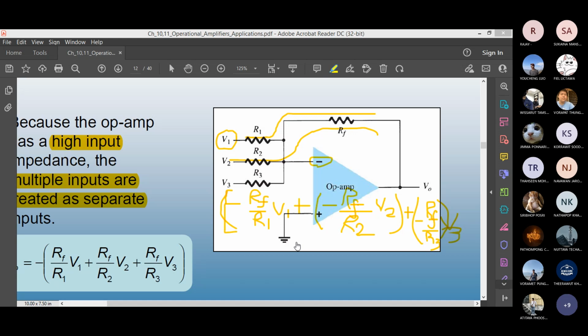Op amp, common mode rejection ratio calculation. Okay, I have examples 10.21 and 10.22. They're near the end of the chapter, but I'm going to copy and paste.